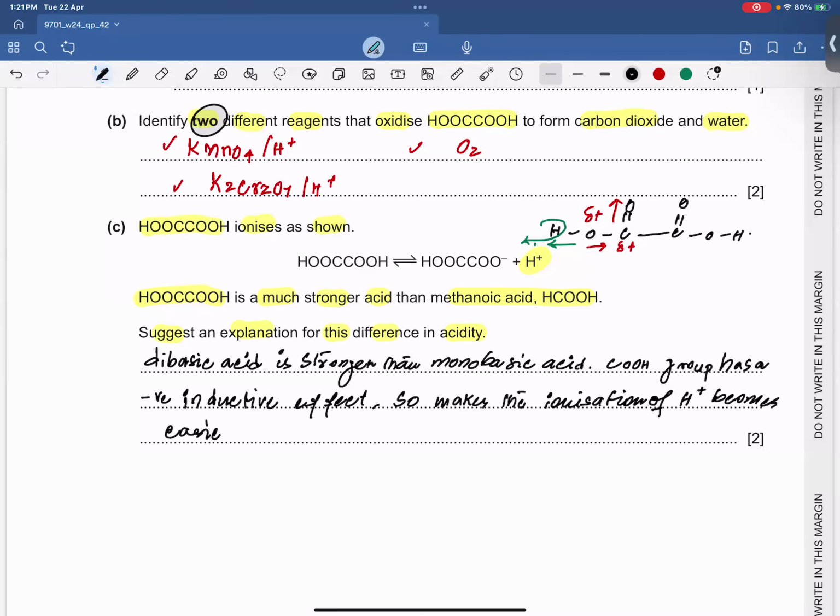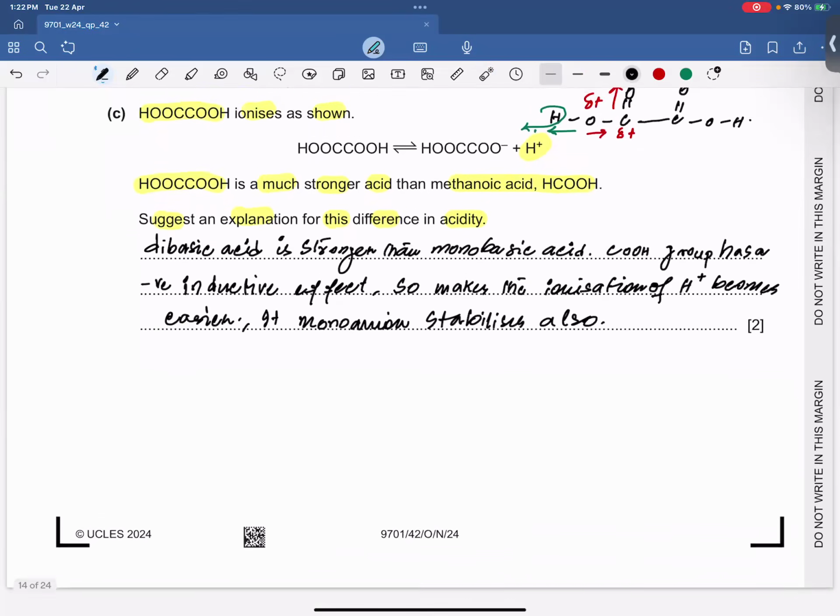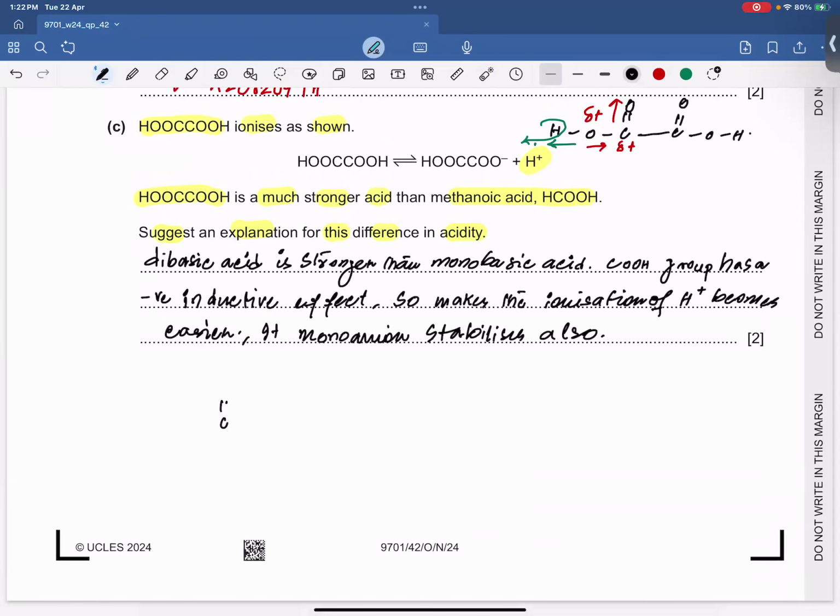And according to my lecture, its anion stabilizes more. Its monoanion stabilizes also. Why? Look at the structure. This is COOH. This is COO negative.